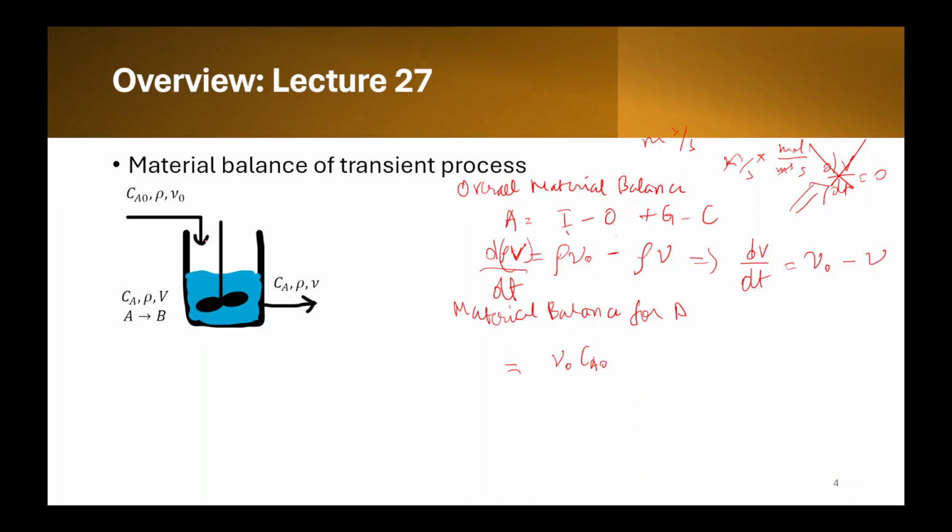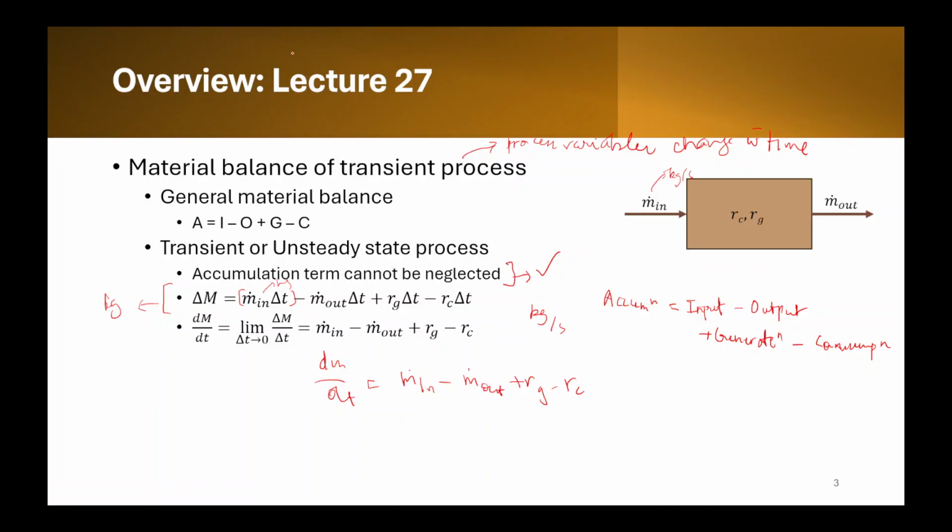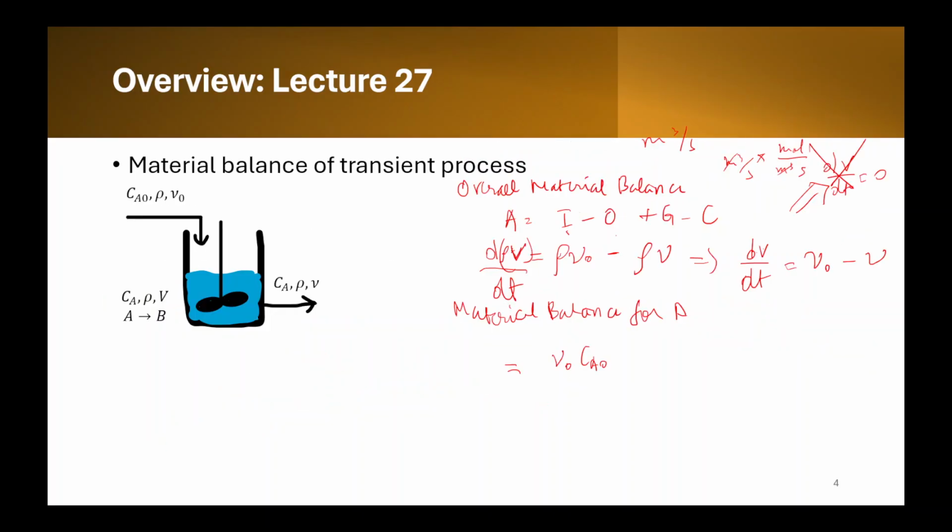I need to make this clear: whatever material balance equation you are writing, in the previous slide I showed that this will have the unit as kg. However, all the terms in this equation will have the unit as kg per second or moles per second. So here, this term has units moles per second.